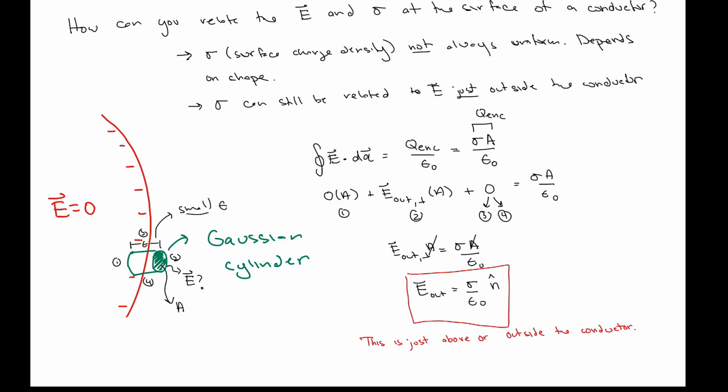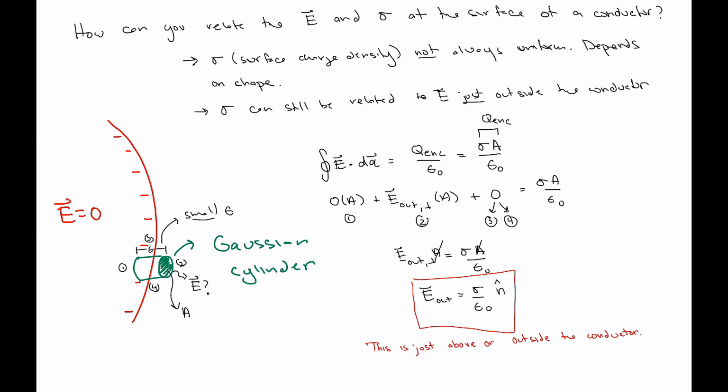As I travel along the surface of the conductor, the electric field is always going to be perpendicular. The magnitude of it is going to vary as the charge density varies. And it's going to be outward or inward depending on the sign of sigma as I go along the surface.